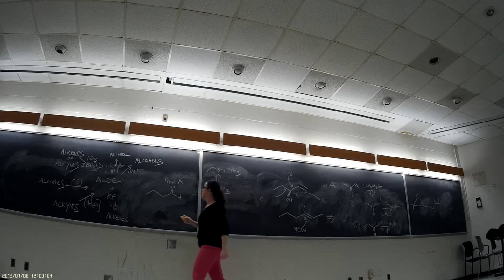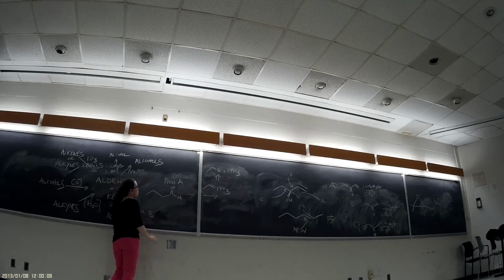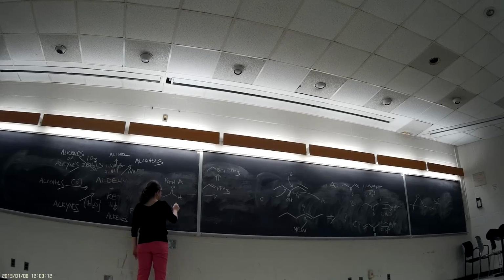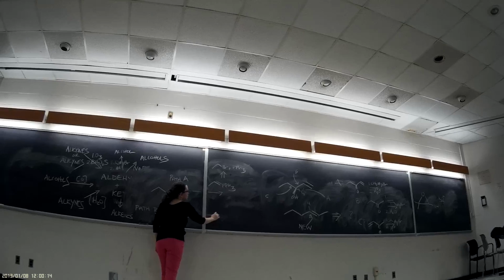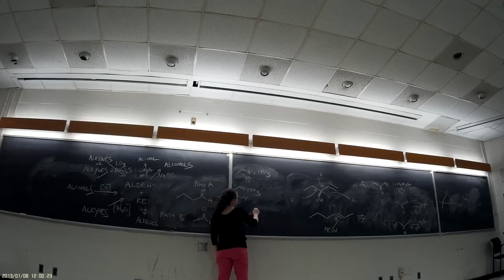Okay? Path B here is going to swap the placements. So I can say that I started from this aldehyde, and I had to add a 4-carbon ylide. Okay, so in this case, I would have added this.